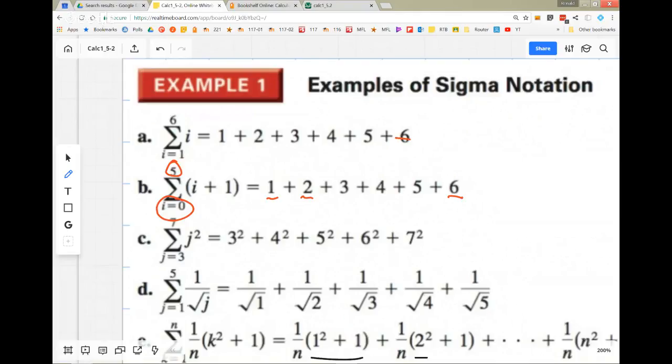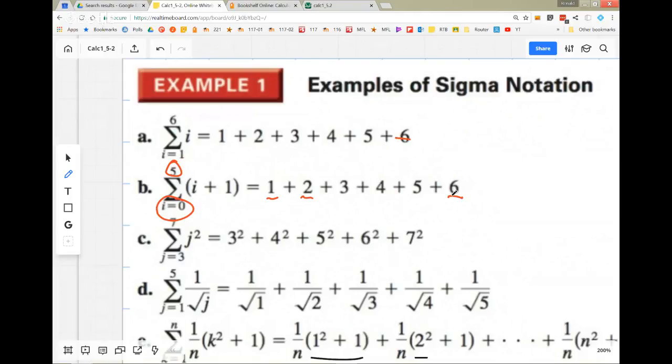Part C. And by the way, for whatever reason, these little counters often begin with i, j, or k. That's not very important, but just kind of a common increment that is used for keeping track of these.